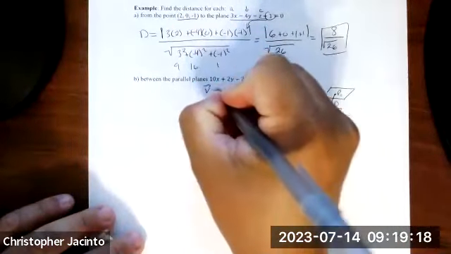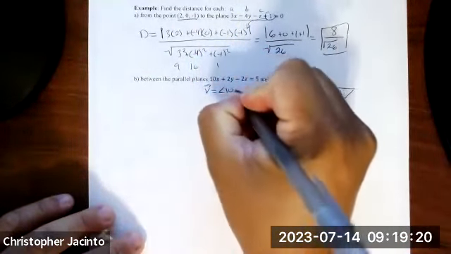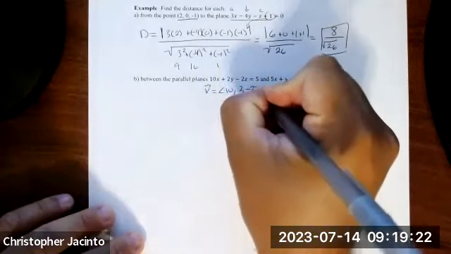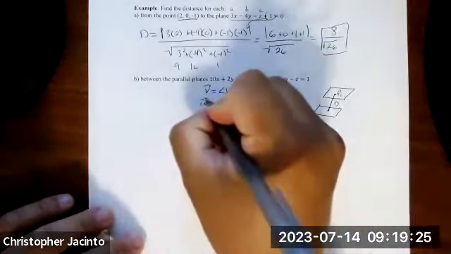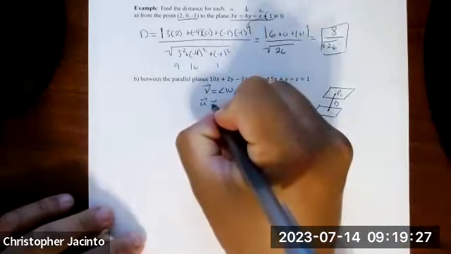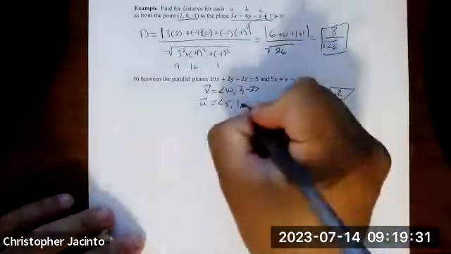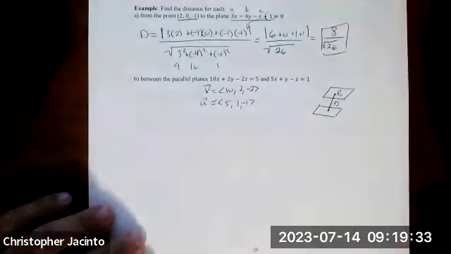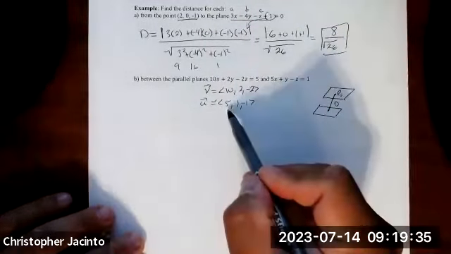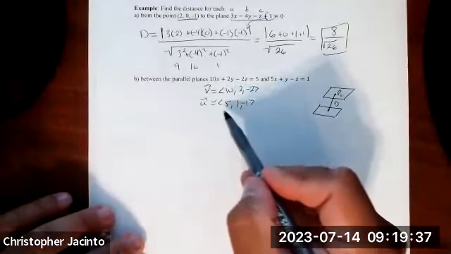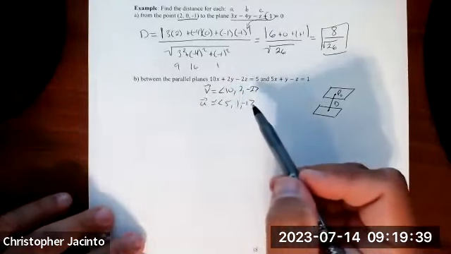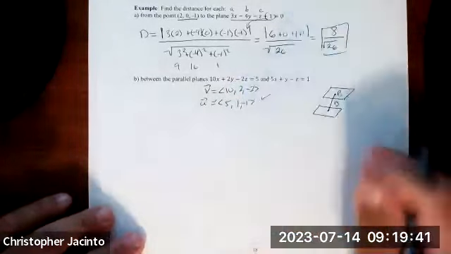This vector here is 10, 2, and -2. And the normal vector for the other one is 5, 1, and -1. And notice they actually are parallel. This is a scalar multiple of 2. If I multiply everything by 2, I get exactly that back. So check. These are actually parallel to each other.